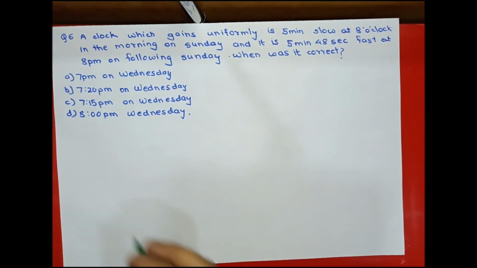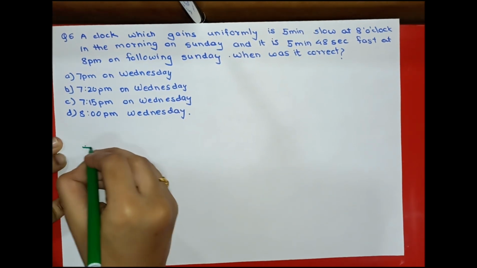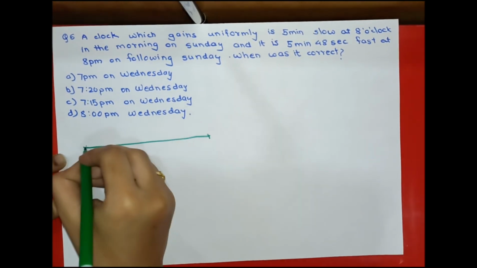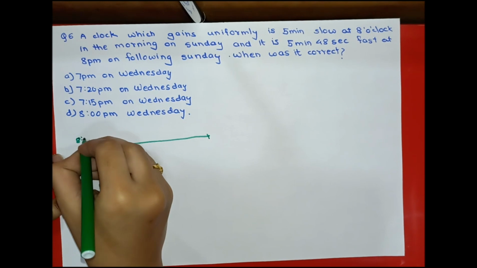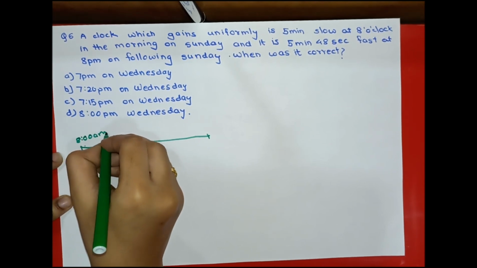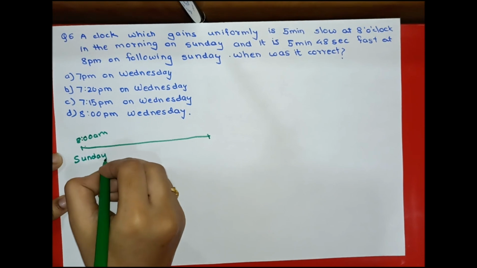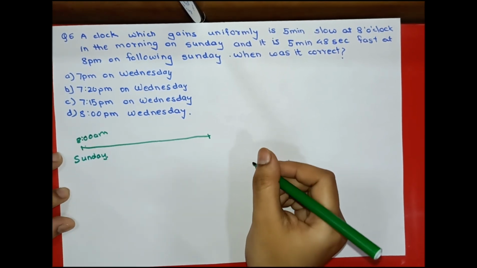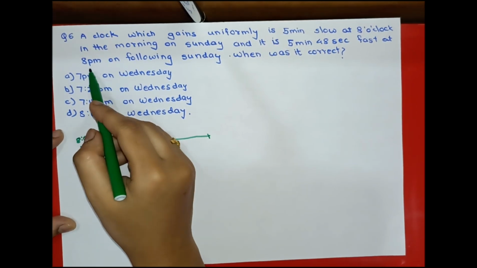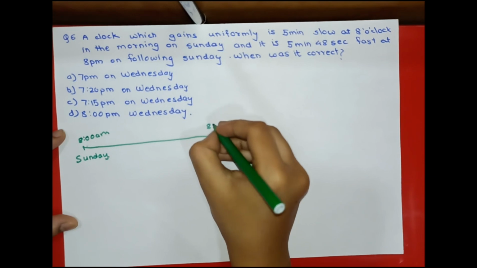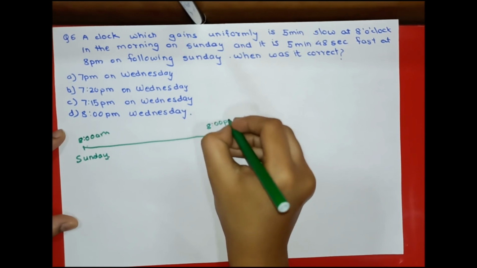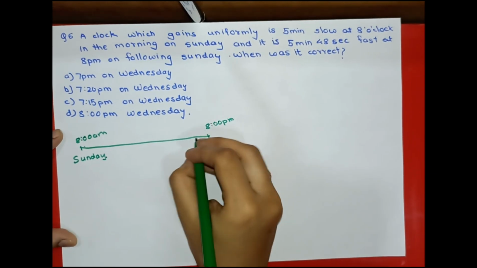As per the question, a clock started at 8 a.m. and it was Sunday, and the last time that we have been given is 8 p.m. on the next Sunday.